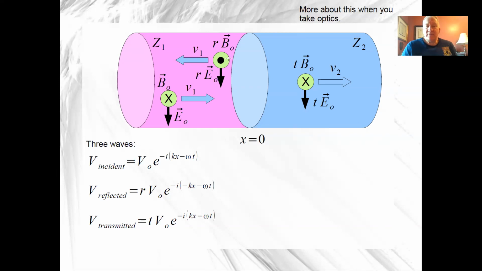So we have three waves. We have an incident wave. We have a reflected wave, which has the same frequency and wavelength as the incoming wave, but it's moving in the opposite direction. That's why we have that extra minus sign. And we have a transmitted wave, once again with the same wavelength and the same frequency.